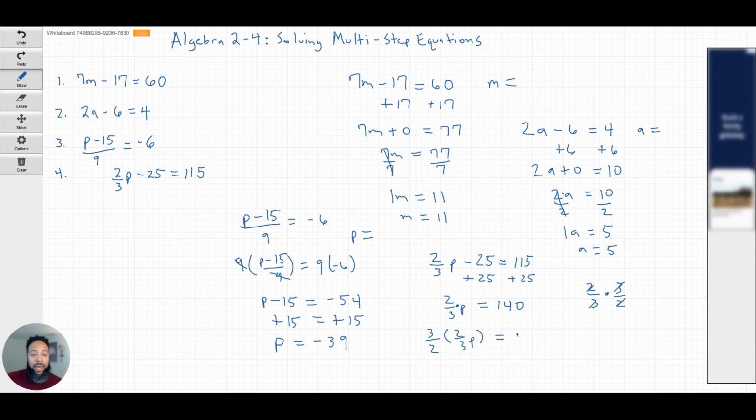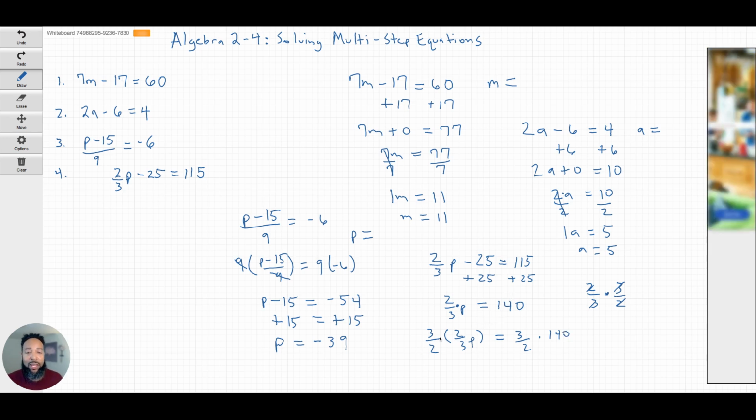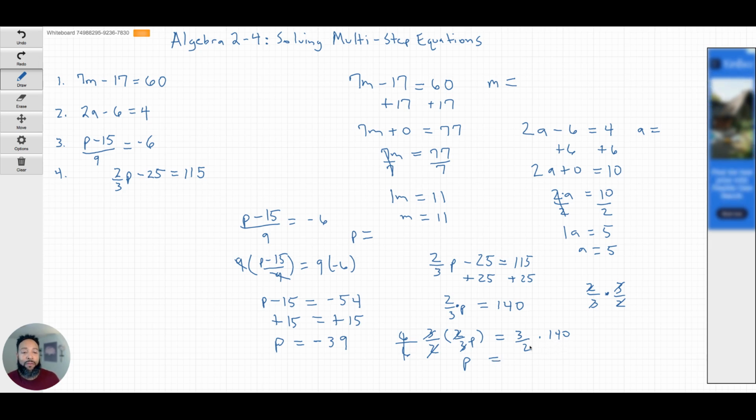And then we have 3/2 times 140 on this side. Because remember, whatever you do on the left side, you have to do on the right side. So now these cancel. 3 over 3 is 1. 2 over 2 is 1. Or if we wrote it out, it would be 3 times 2 is 6 over 2 times 3, which is 6, which is 1. So you're left with your p equals your 3/2 times your 140.